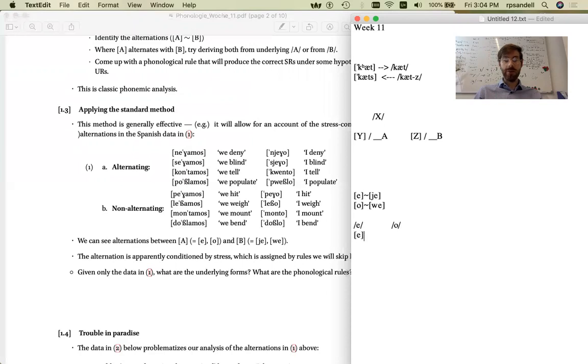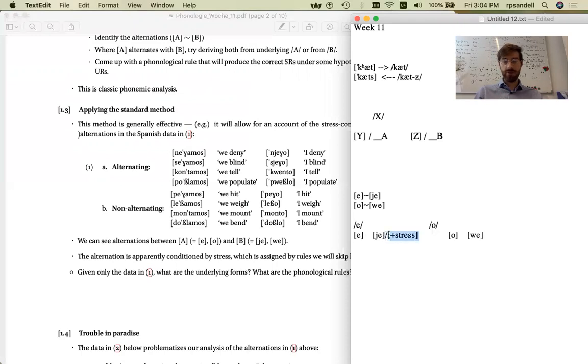Those have the allophones a and ye and o and we, respectively. And the diphthongized version occurs when the vowel is under the stress.